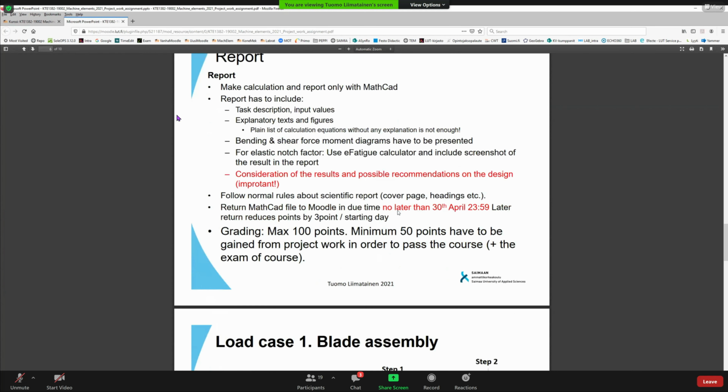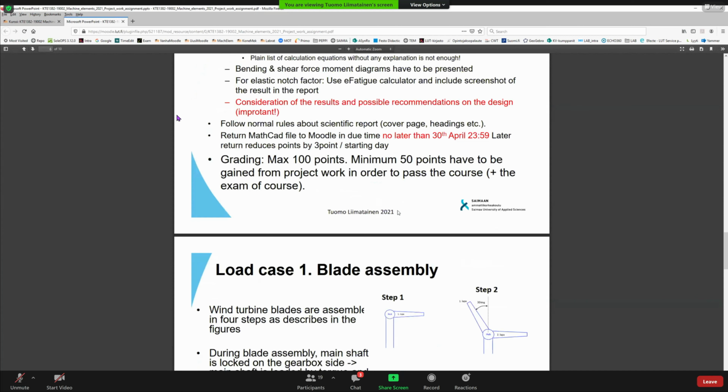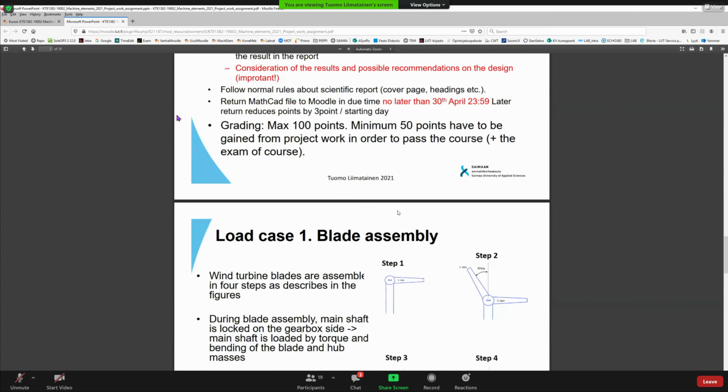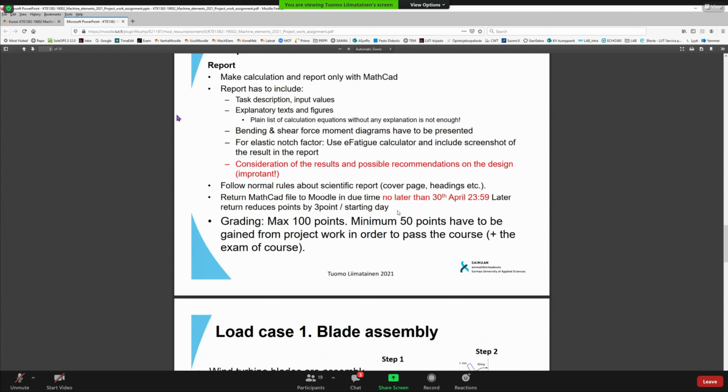So you said that you want us to make the report in formal style, so we need to use Word documents, not only put text in Mathcad. But you can do the formal text also in Mathcad because you have the text box availability in Mathcad. Yeah, but it's kind of complicated.